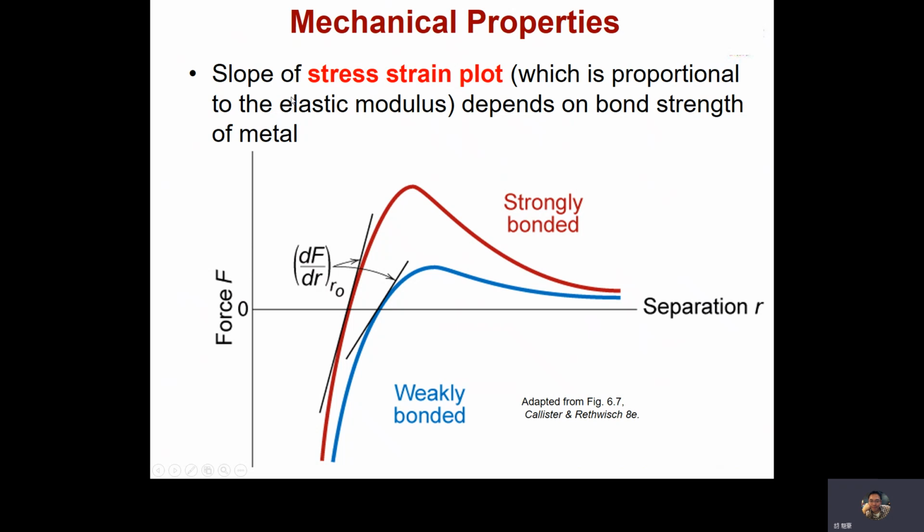That means we need a higher force to separate these two atoms or particles. Therefore, the slope of the stress-strain curve depends on the bond strengths of metals. So in the figure of force versus separation, the higher slope indicates stronger bonding between atoms.